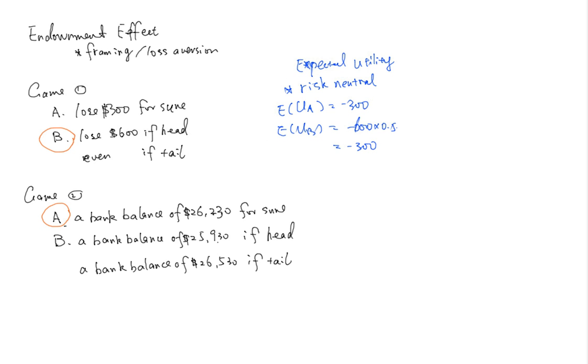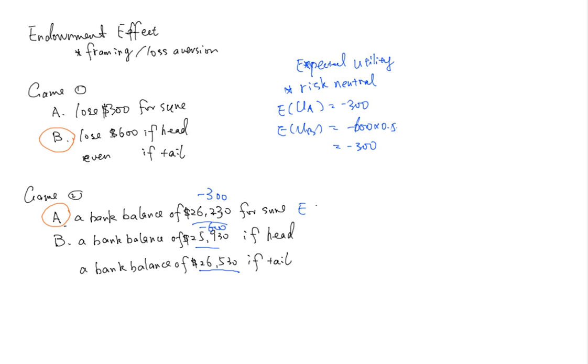Now let's think about game two. If you realize that if I subtract this value from these two values, this is exactly lose $300, and this is exactly lose $600.